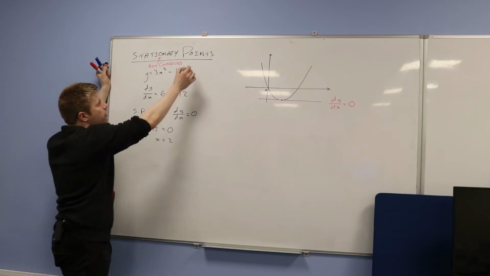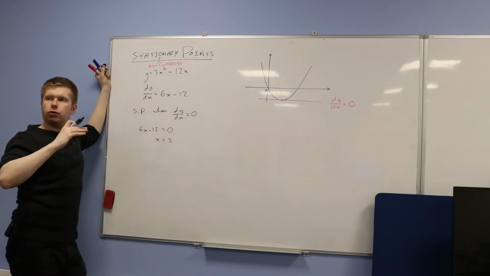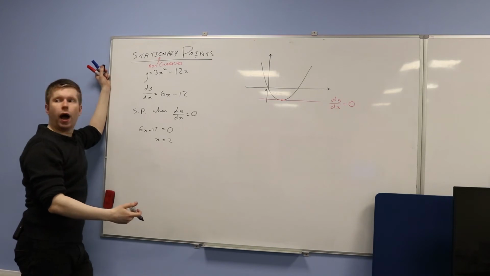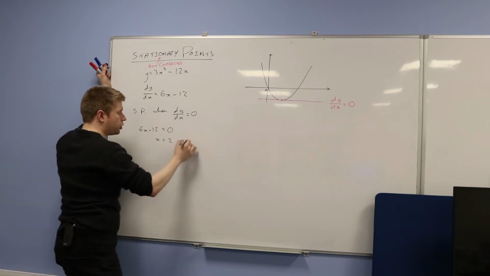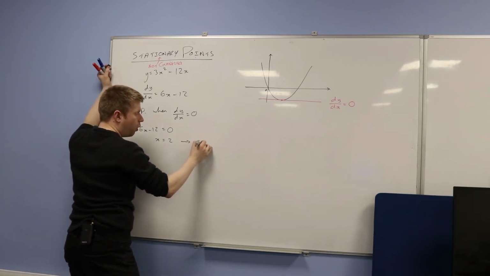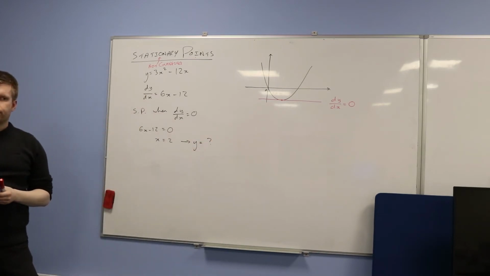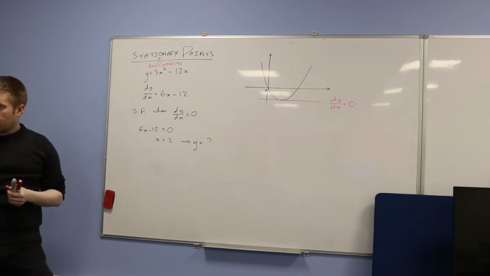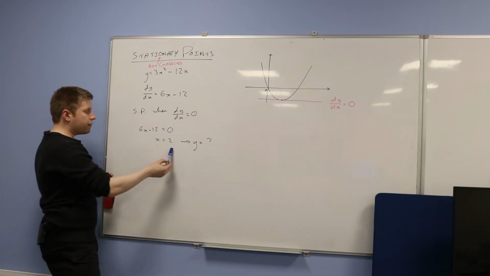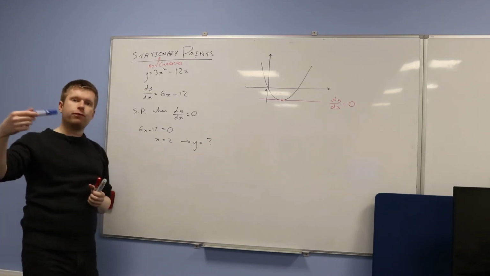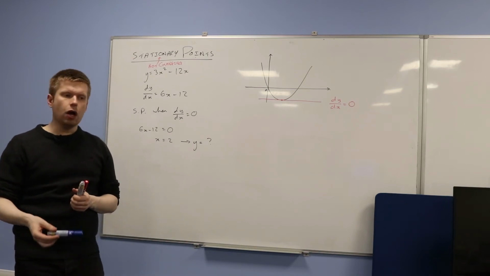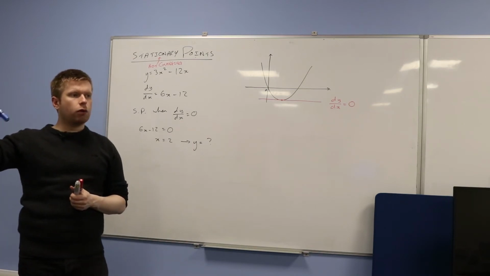But remember, I want a stationary point, which means I also need a corresponding y as well. So if x equals 2, how could I find a y? Absolutely. Once I have an x-coordinate, I have an equation which links together every x and y coordinate.